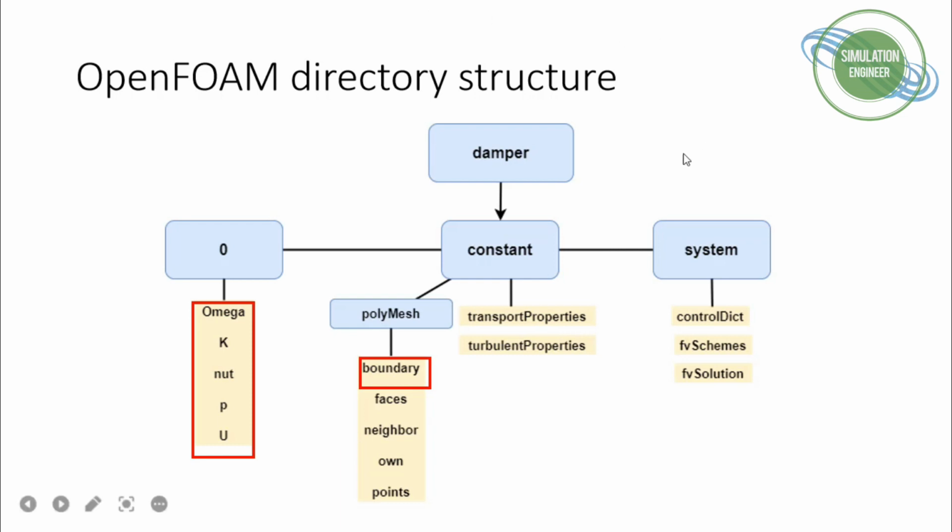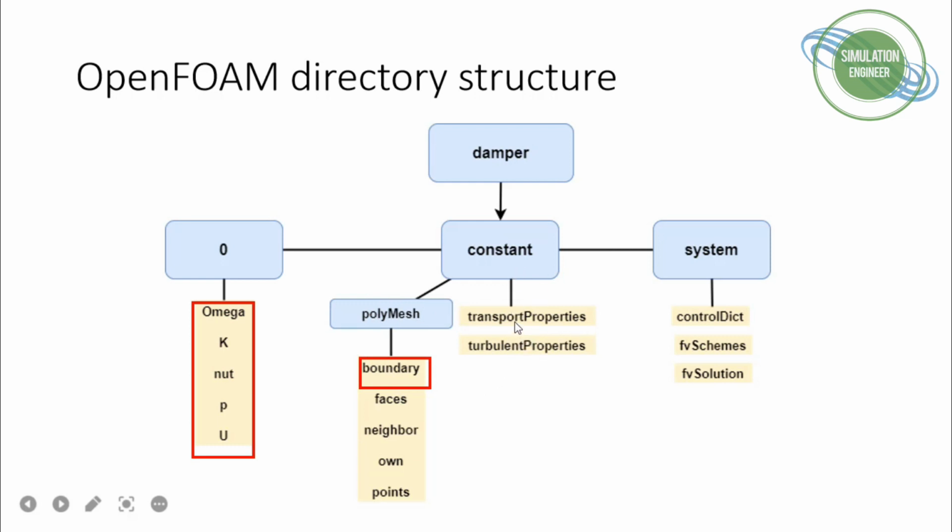This is the main folder, which is damper in our case, and it consists of 3 folders. The zero folder consists of all the boundary conditions for your patches, and then there is a folder called constant. There is a subfolder polyMesh where your grid resides. That is our exported grid. And then we have 2 more files in the constant folder.